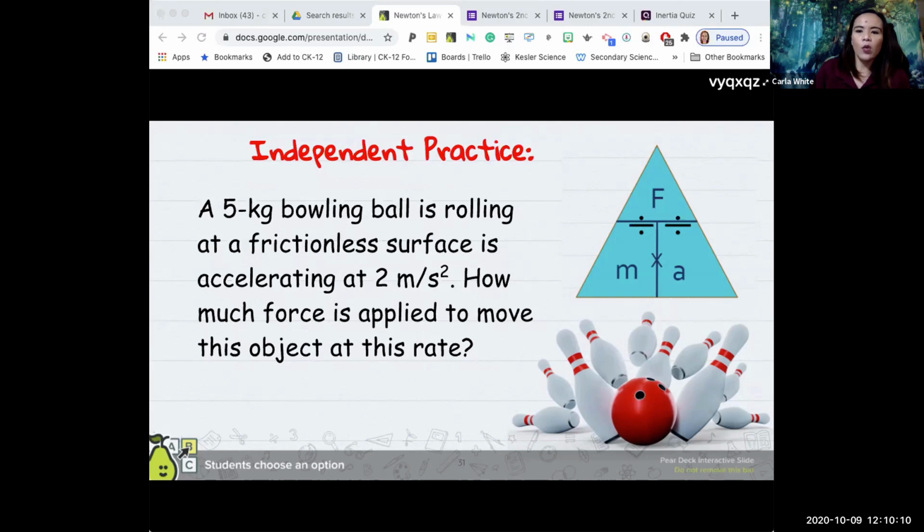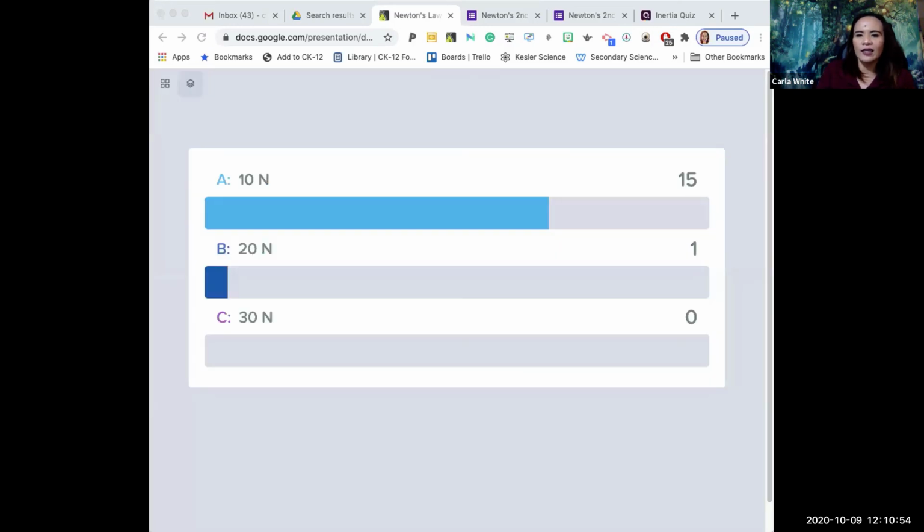And in this case, what are we missing this time for this problem? The force. Let's see what the answers are. And the answer is, that is right, 10 Newton.